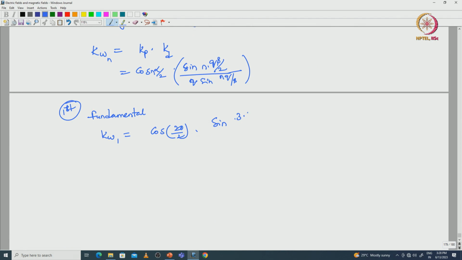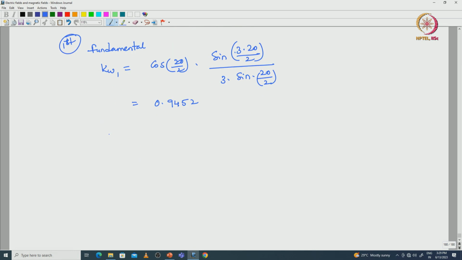So, 3 into 20 degrees, beta, by 2 divided by q which is 3 into sin of 1 into 20 divided by 2. Okay. After calculating this, we will see Kw1 is nothing but 0.9452. This is the winding factor with respect to the fundamental.